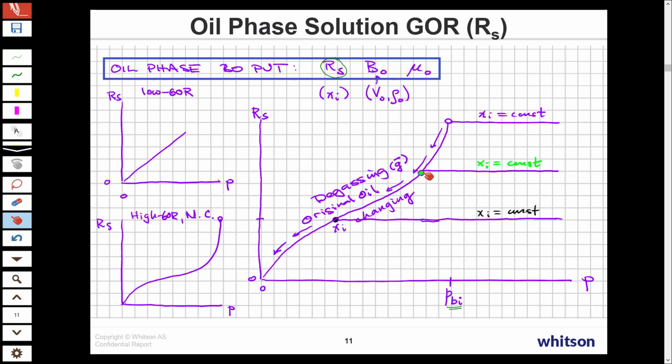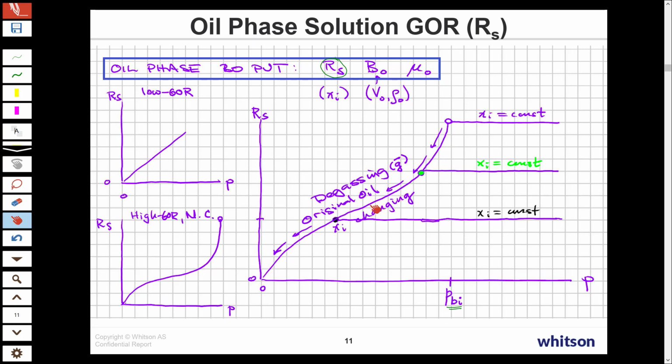Its composition will have become less gas rich, less methane rich. Its density will be higher, its viscosity will be higher, and so forth. And then as we move up into higher pressures here, the properties of BO and viscosity will again change. And it'll change differently for this oil than it did for the original oil, because this original oil had more gas in solution, was more volatile.